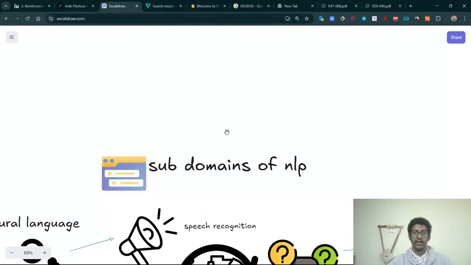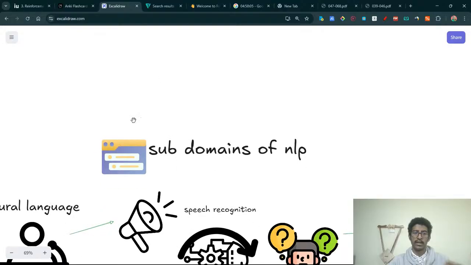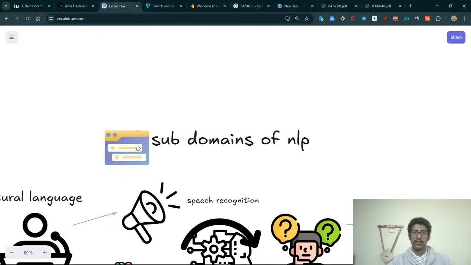You, as a person, interact with machines. For example, right now I'm interacting with a computer with this graphical interface, and this is not natural, so I click the buttons and everything.